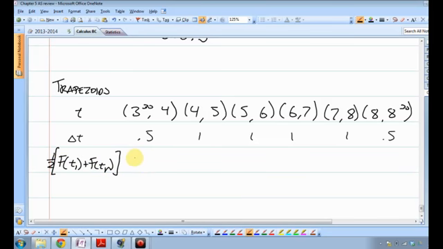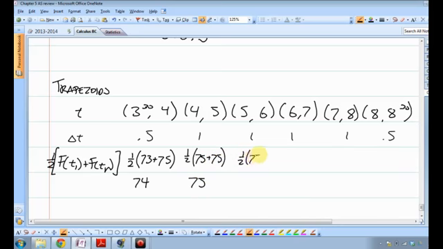So this is half of 73 and 75, which is 74. This is 1/2 of 75 and 75, which is 75.